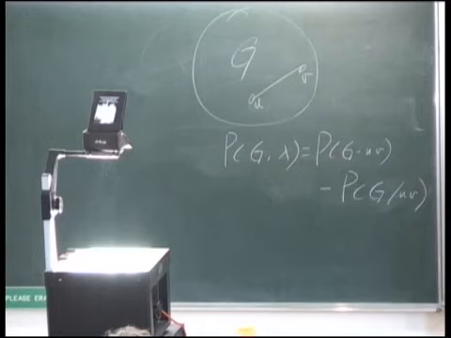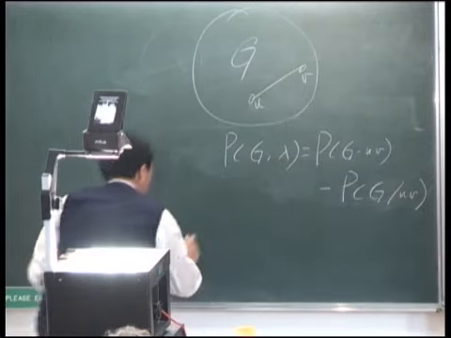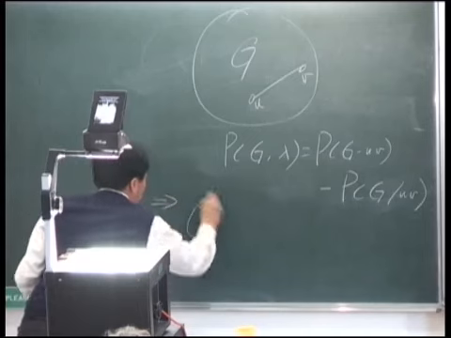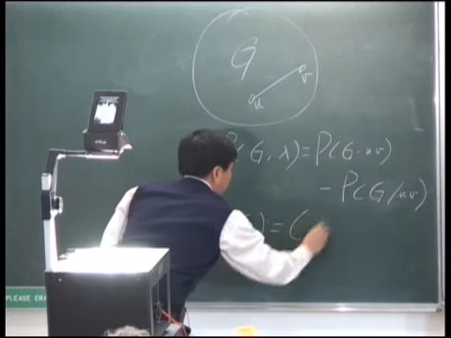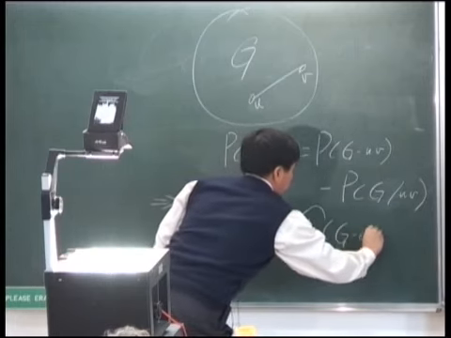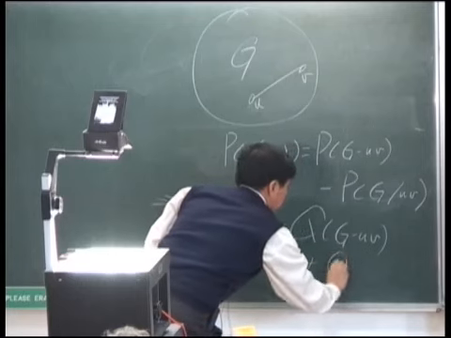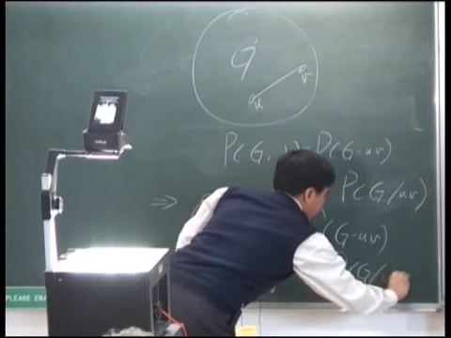So there is this relation, and then it's not difficult to prove Q_G equals Q(G minus UV) plus Q(G contract UV).